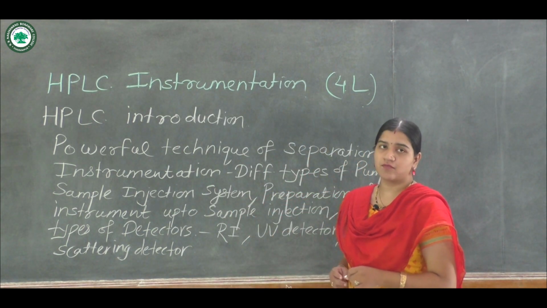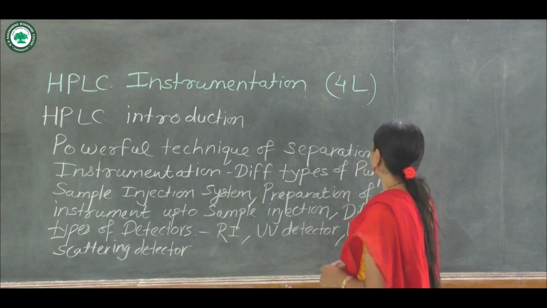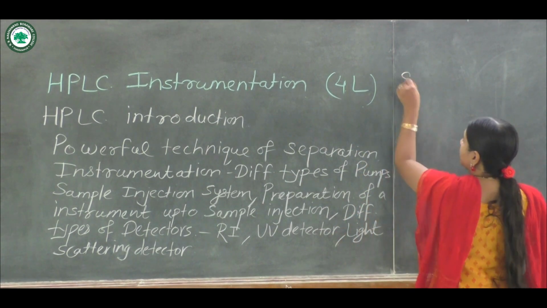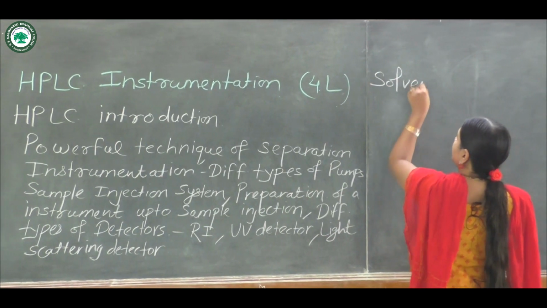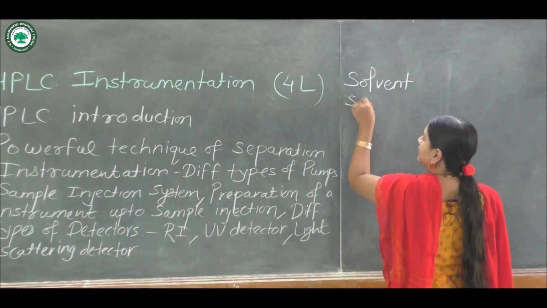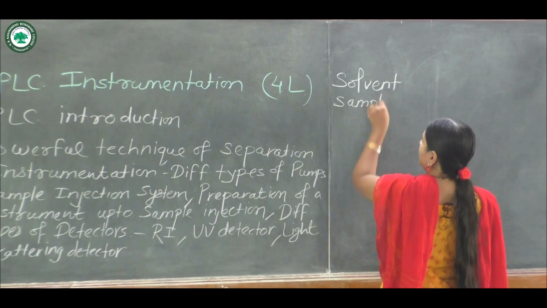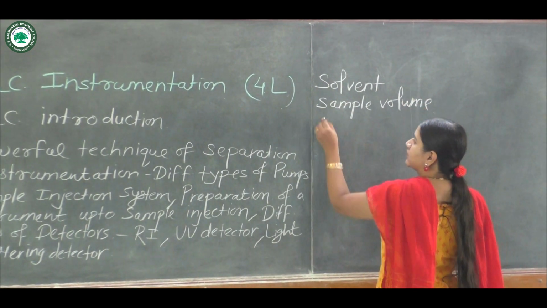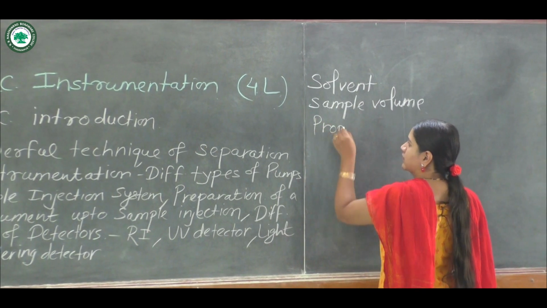After studying the different types of detector, the next point that we will study is about the solvent sample volume, along with its properties of the solvent.